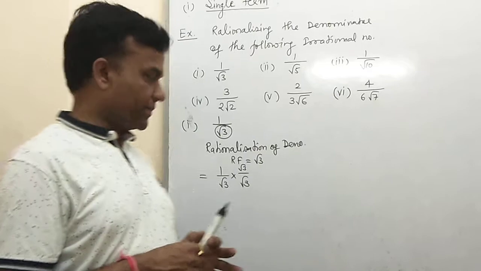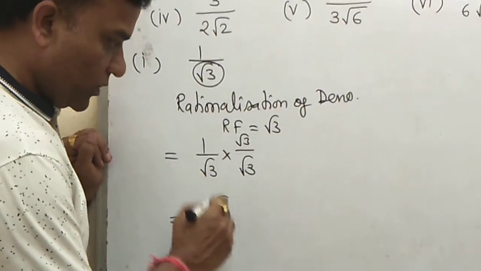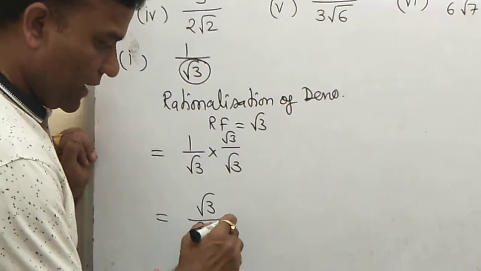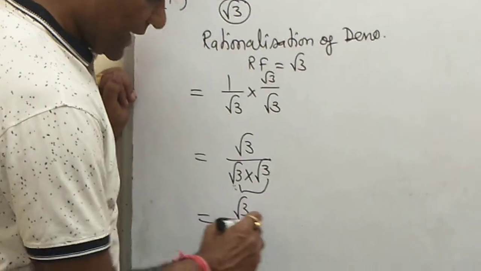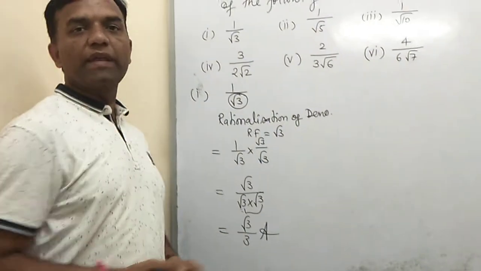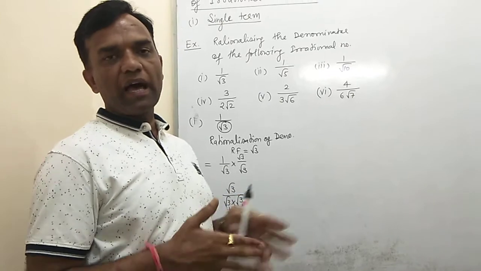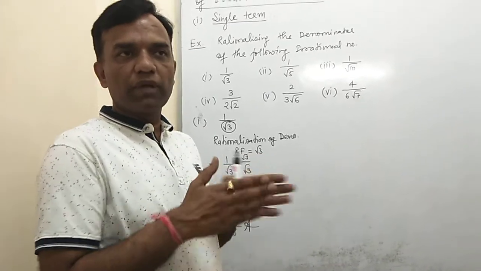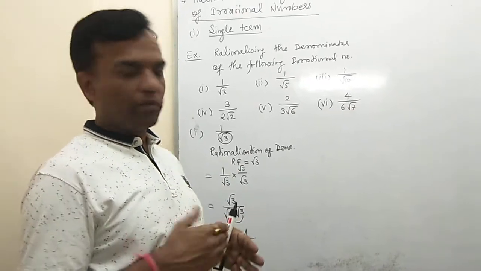Now in the numerator 1 into root 3 is root 3, but in the denominator root 3 into root 3 is a pair, so the answer is root 3 by 3. After rationalization your denominator is free from irrational numbers. The main motto of finding the RF, rationalizing factor, is to free the given numbers from irrationals, which means you convert into rational form.